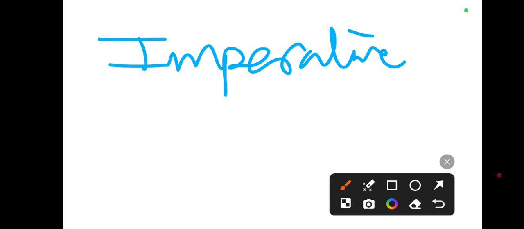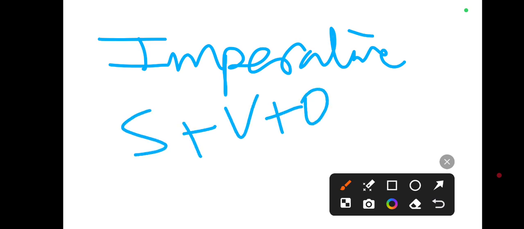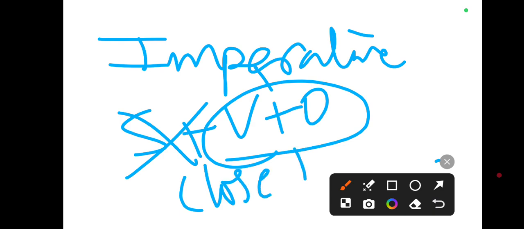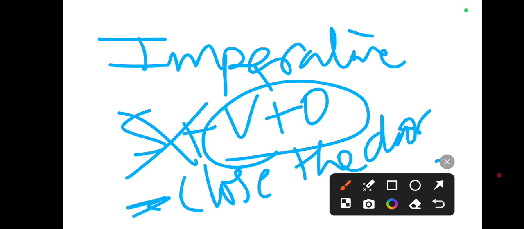But here it is not. An imperative sentence starts with the verb directly. For example, close the door. Close the door. Subject is not given here. Why? Because the subject is implied, that is you, understood.